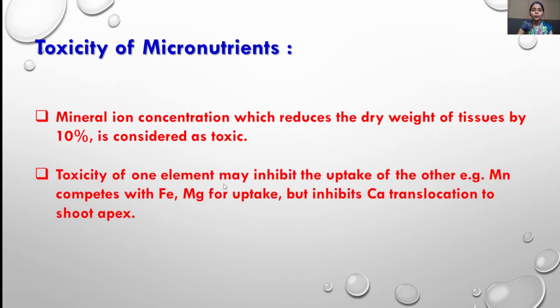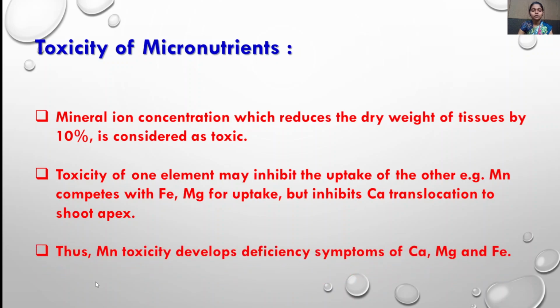Toxicity of one element may inhibit the uptake of another. For example, Mn competes with Fe and Mg for uptake but inhibits Ca translocation to the shoot apex. Thus, Mn toxicity develops deficiency symptoms of calcium, magnesium and iron.